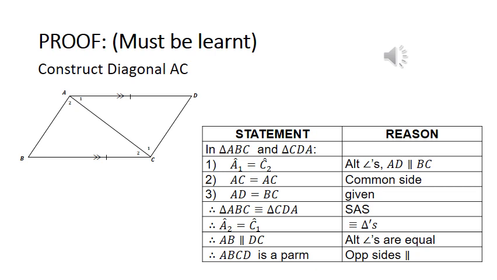So because we've proven that our two triangles are congruent, we have proven that the other set of sides are parallel, which means now we have two pairs of opposite sides which are parallel, which proves that it is a parallelogram. So therefore, ABCD is a parallelogram. We've got opposite sides which are parallel. So from the fact that one pair of opposite sides were equal and parallel, we could prove that the other sides were also parallel, which therefore proves that it is a parallelogram.